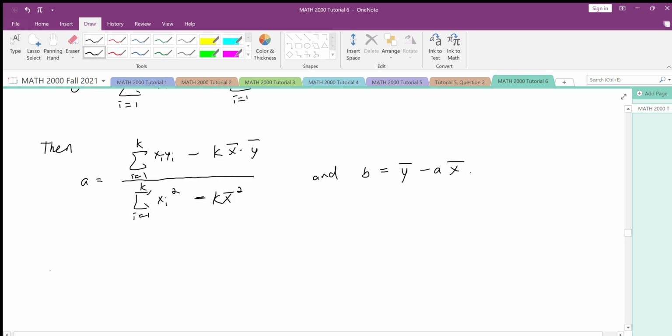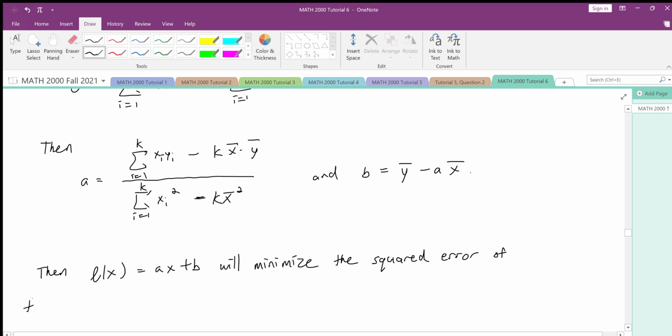So then L of x, which equals ax plus b, with the values of a and b that we just found, will minimize the squared errors of the points x1, y1 to xn, yn.